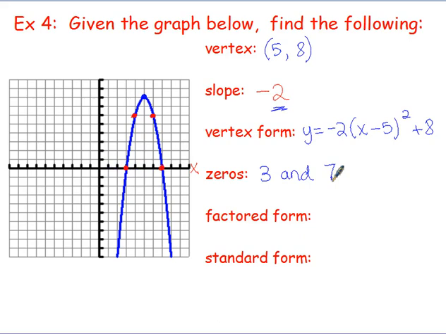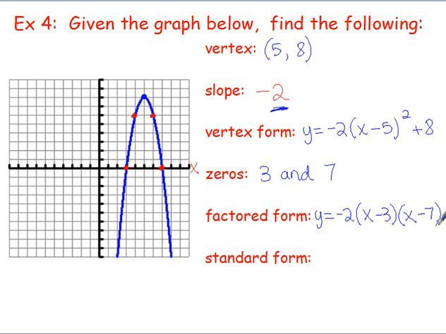So factored form, now we keep our a value here, and our a value again is -2. Then we have x, and the opposite of 3 is -3. And x, the opposite of 7 is -7. So hopefully you got that right.